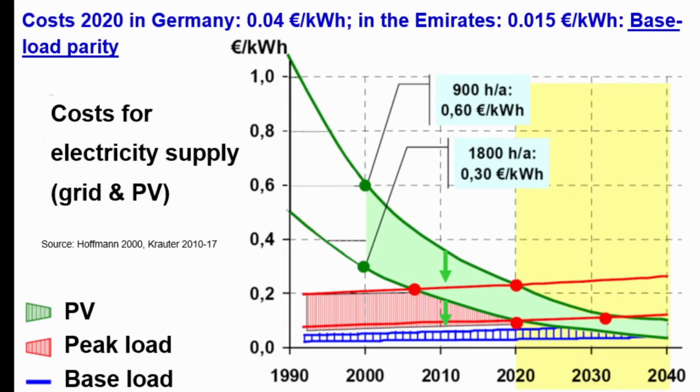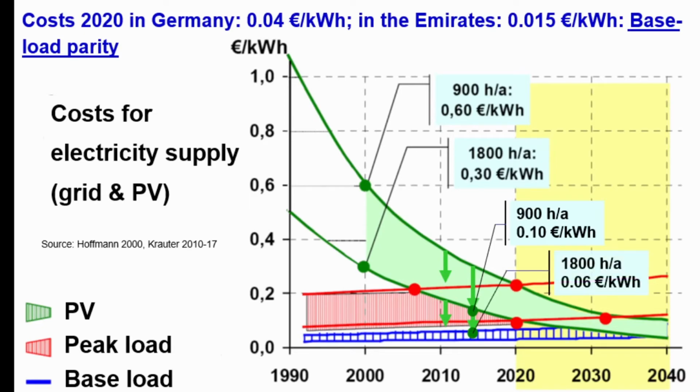Already in the year 2010, costs were lower than expected, and in 2015 even more so. Even in Europe, costs went down in 2015 to 10 cents per kilowatt hour. If you go further south, costs reach about 6 cents per kilowatt hour. So that's not only grid parity, this is the cost of the peak load grid.